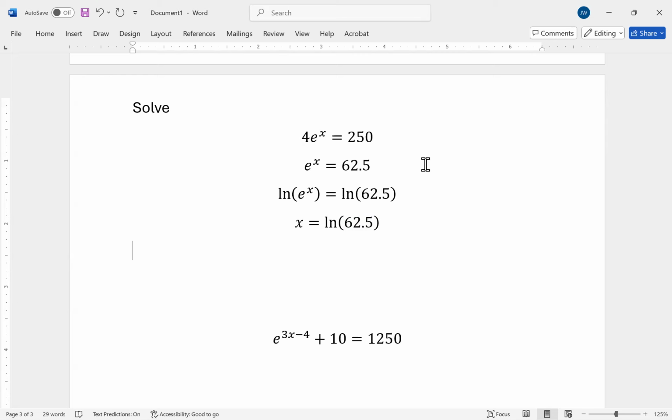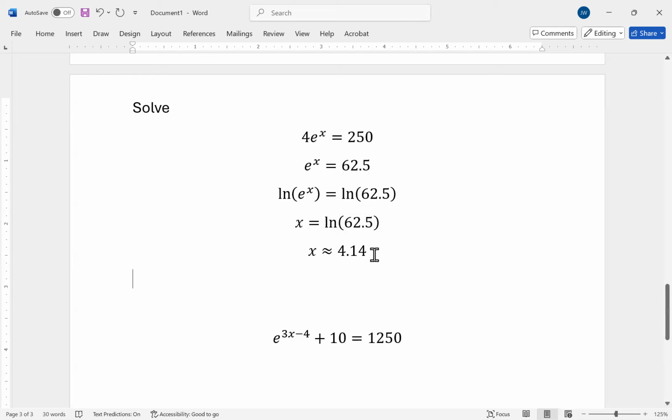It's not a rational number, but it is a nice real number. So this is technically the answer. Many times in my class we'll give the decimal version of that, and that is about 4.14 if I round to 2 decimal places.